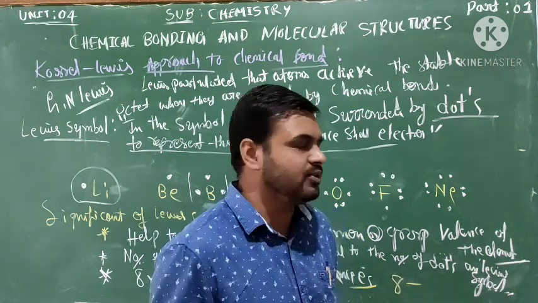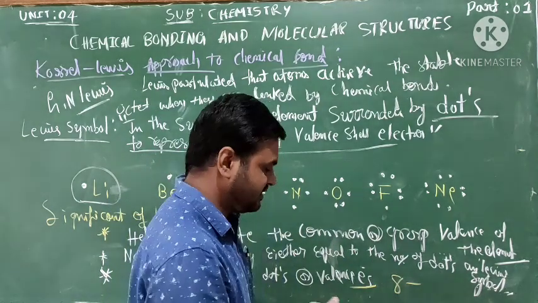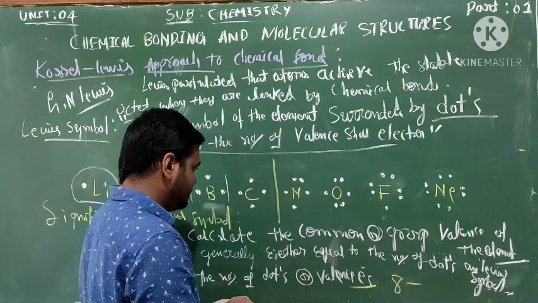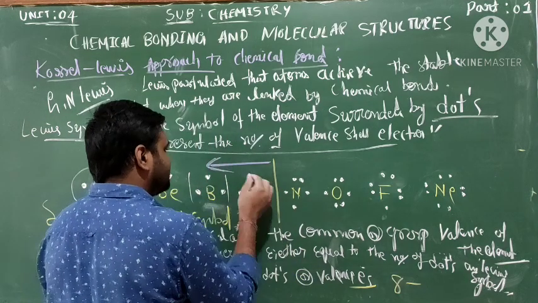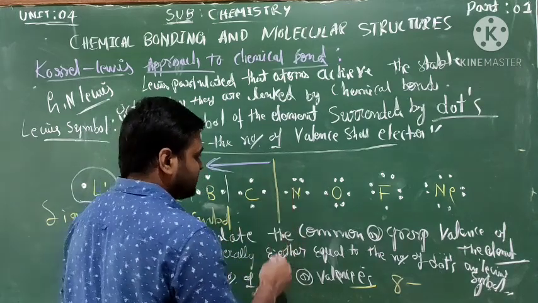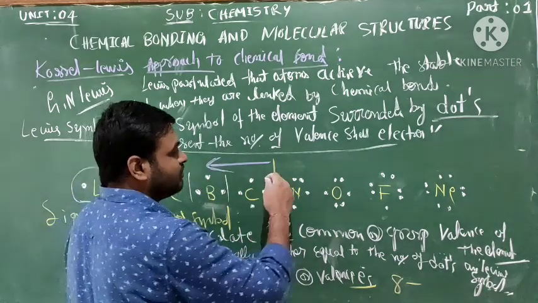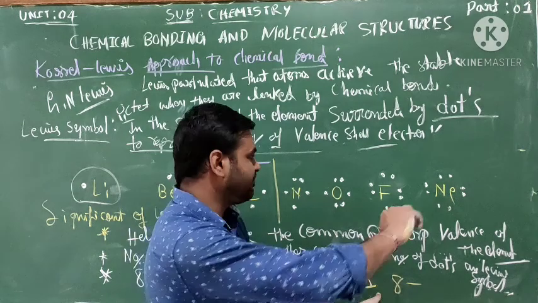So for more than 4 dots, with less than 4 electrons left over, this 8 minus rule is applicable.